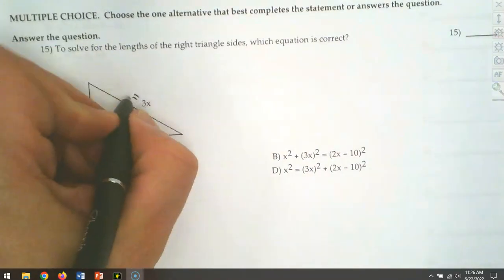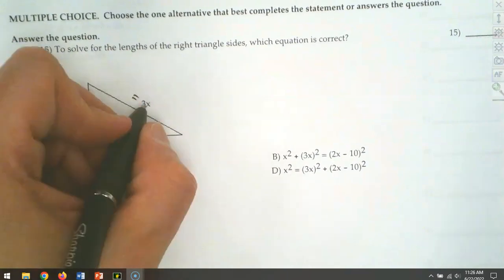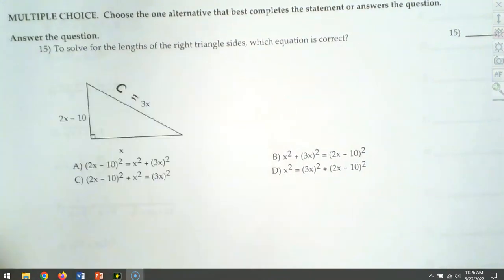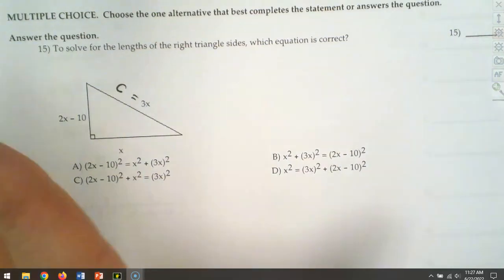Well, we know this 3x, that's going to be your c. And that's the only part that's really important. I'll go ahead and finish it just so we know what to do here. There's not much to this one. Let's talk about the choices and see why some of these choices don't work.